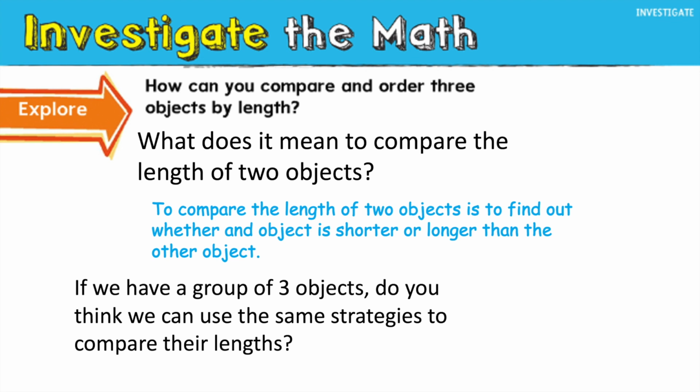If we have a group of three objects, do you think we can use the same strategy to compare their lengths? Yes, we can put them in order from shortest to longest or from longest to shortest. We could still use the same strategy, placing them next to each other and seeing how their lengths compare to one another.